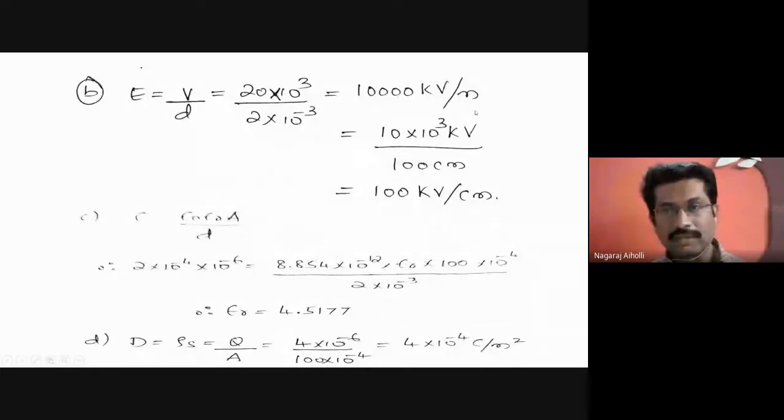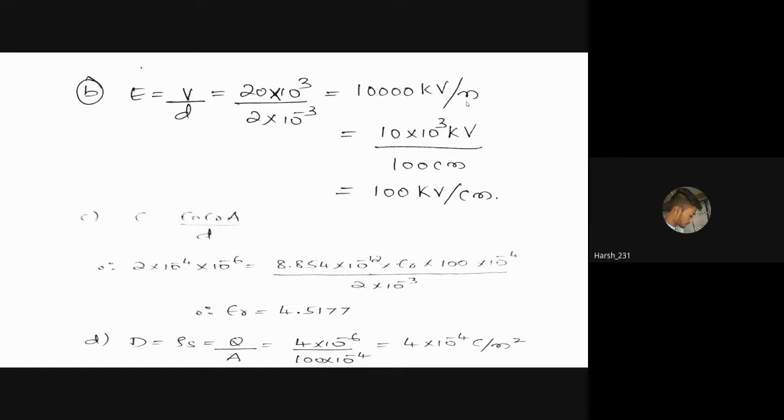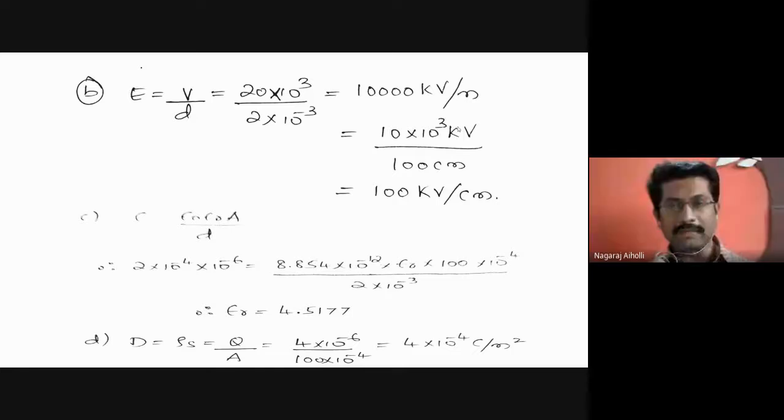Suppose if you want to find out in terms of centimeter, then how to find out? 10,000 kilovolt divided by, okay, centimeter. 1 meter is equal to how much centimeters? 100 centimeter equal to 1 meter. So numerator will remain the same, divided by 1 meter.